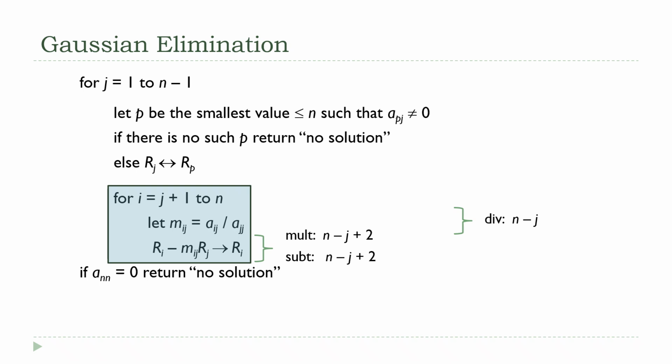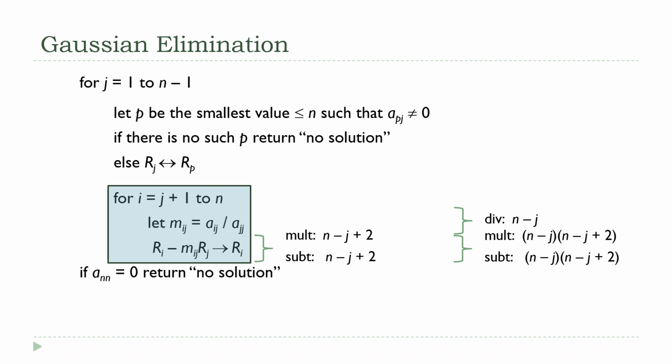Now, those are the values for a single pass through the for loop. Since the for loop will execute a total of n minus j times, that means that we'll have a total of n minus j times n minus j plus 2 multiplications and the same number of subtractions for each complete execution of the for loop.